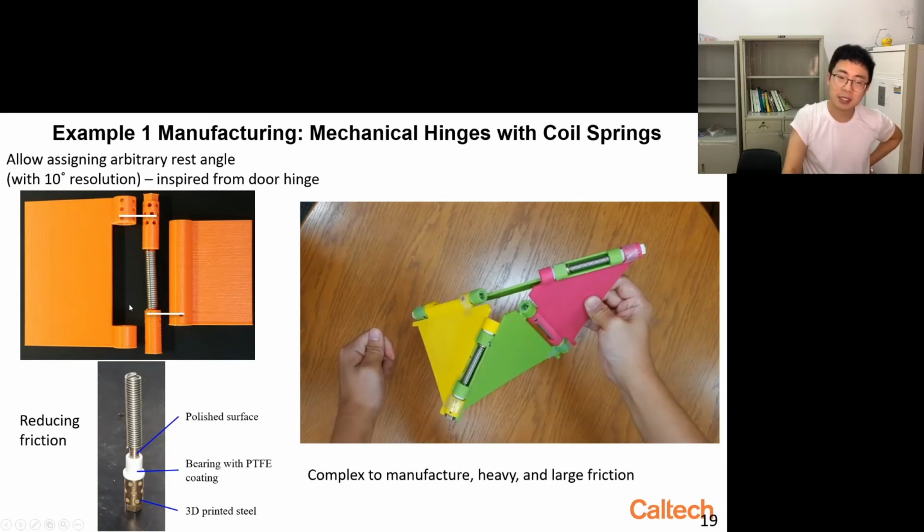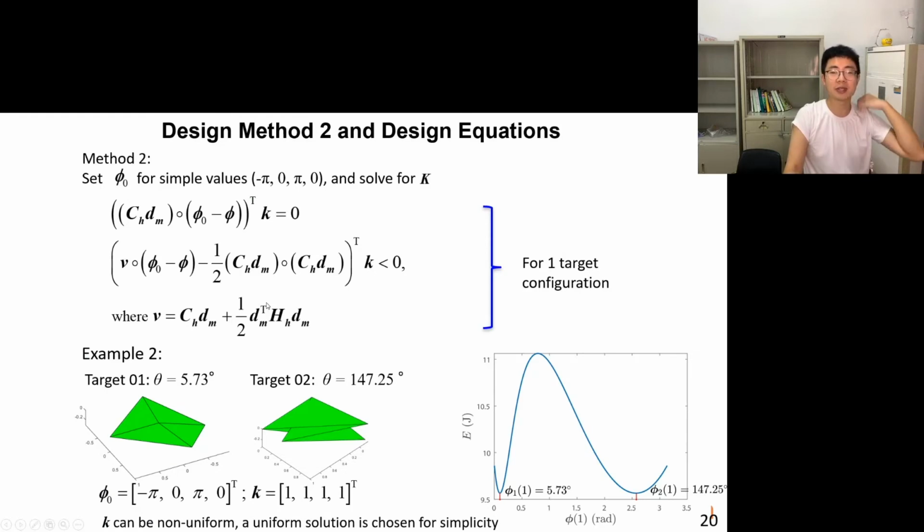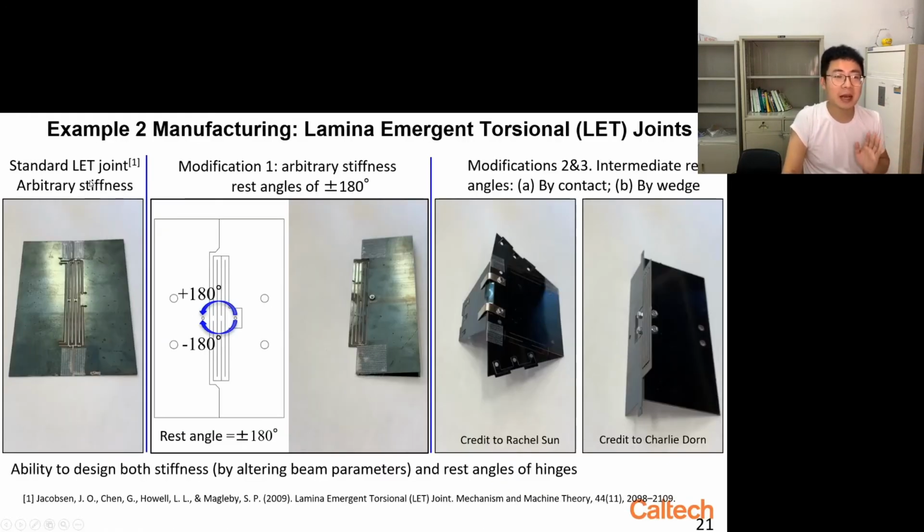But this manufacturing method is very complicated, heavy, and has a lot of friction. So we improve it by using another way of manufacturing. A similar design, but I'm using what are called laminar emergent torsional joints. This is cut from one single plate.